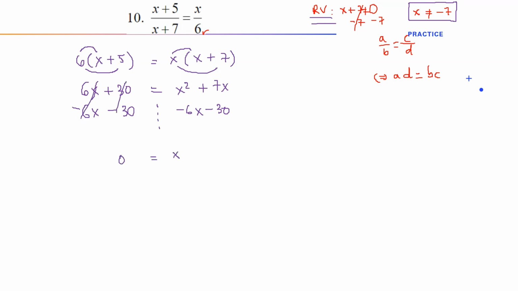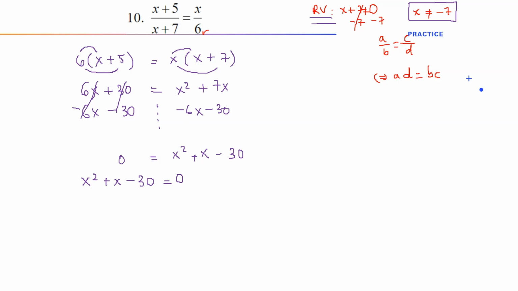On the right hand side I have x squared minus 6x, 6x and 7x is positive x, minus 30. Alright, and I can redraw it as switching the side. That's the same, right? But it has a more familiar look.